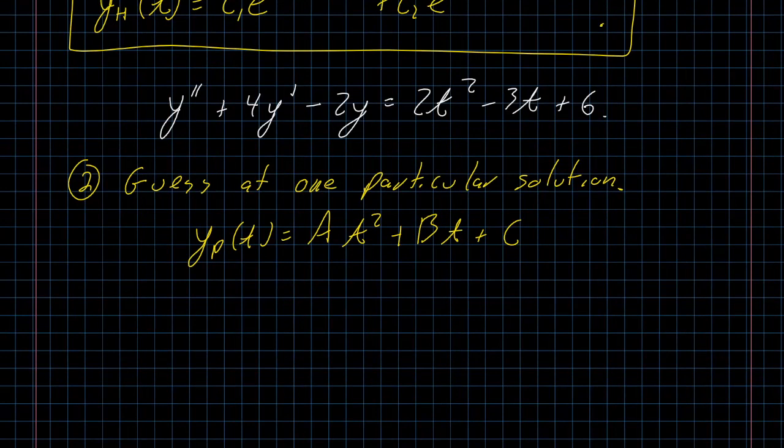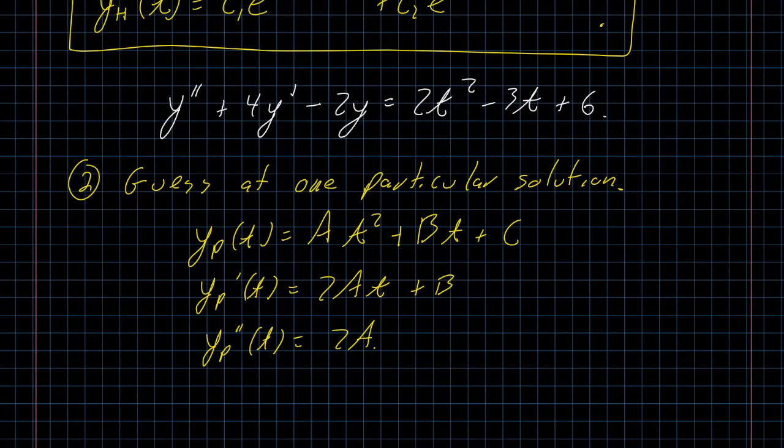If this is what yp looks like, then yp prime of t is going to be 2a times t plus b, and yp double prime of t is going to be 2a.